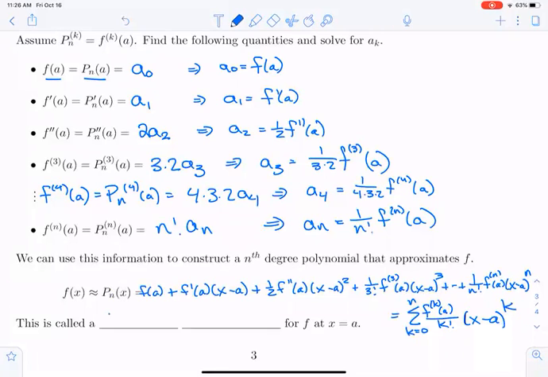And that's called a Taylor polynomial for f at x equals a. So this is a way to approximate the function f of x near x equals a using a polynomial of order n.